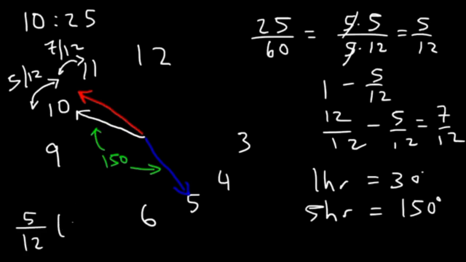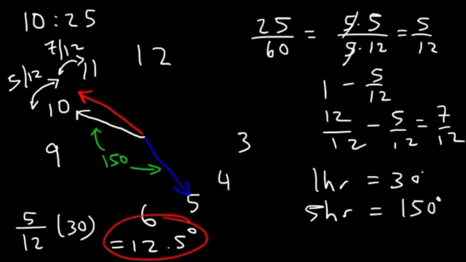So what's 5/12 of 30? 30 times 5 is 150, and 150 divided by 12 is 12.5 degrees. So we need to add 12.5 and 150, which will give us a final answer of 162.5 degrees.